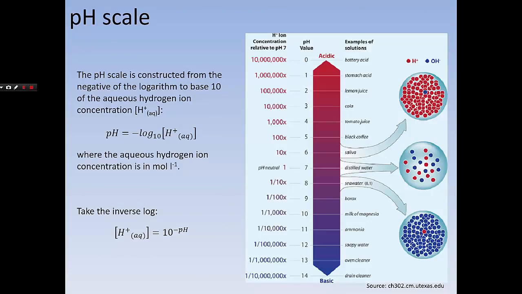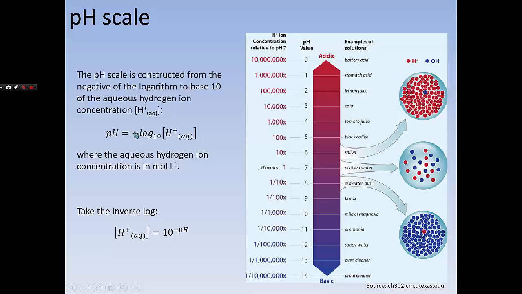As we can see, the concentrations of these two ions are usually very small. When we are dealing with very small numbers, it is convenient to use logarithms. So pH is introduced as the measure of the hydrogen ion concentration. pH here is the negative of the logarithm to base 10 of the hydrogen ion concentration.